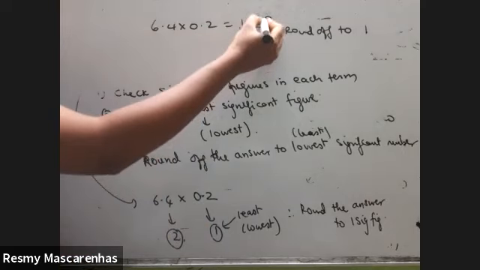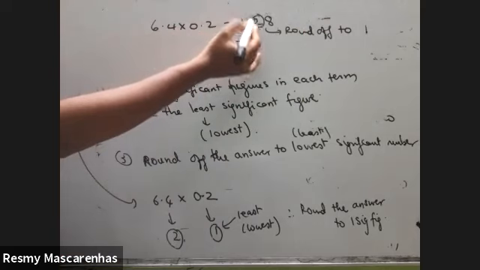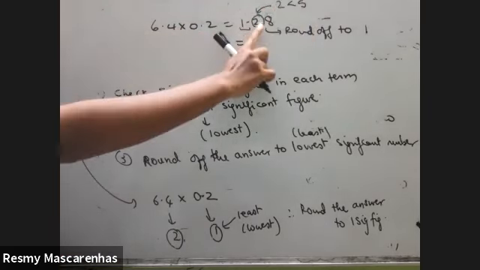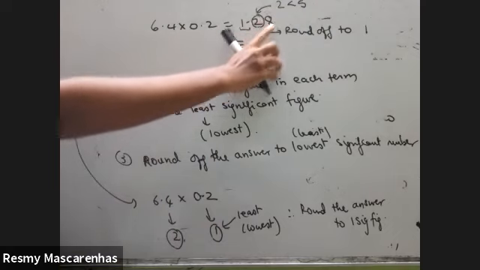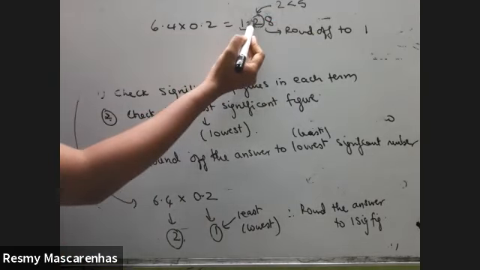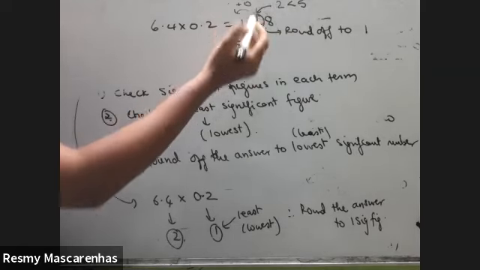To check the next number, I don't have to bother about the rest. This is 2, and 2 is less than 5. If this is 5, then I have to go back and check the next digit. Otherwise, directly, 2 is less than 5, so it stays 0.